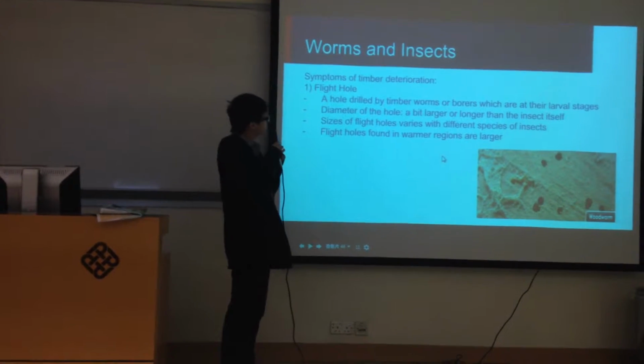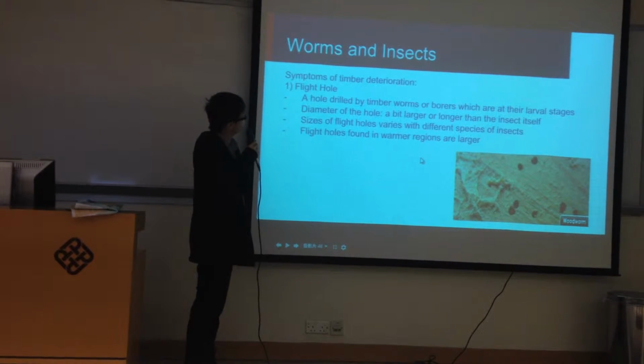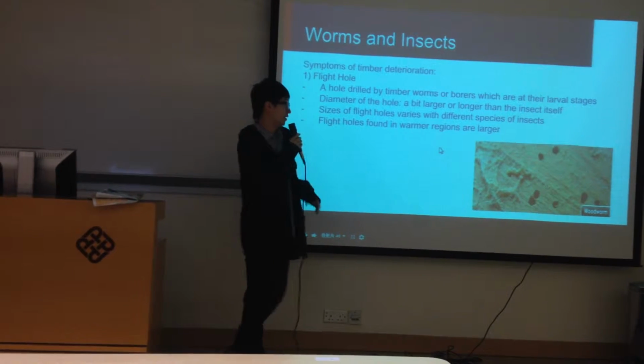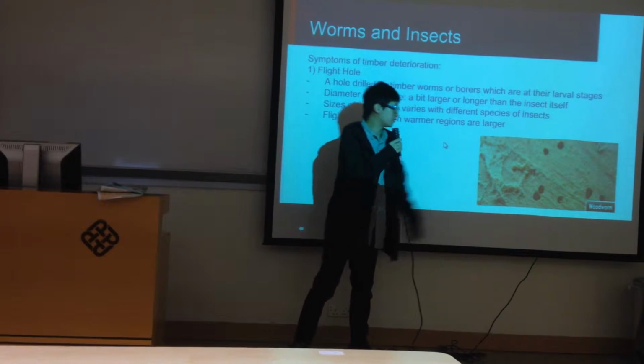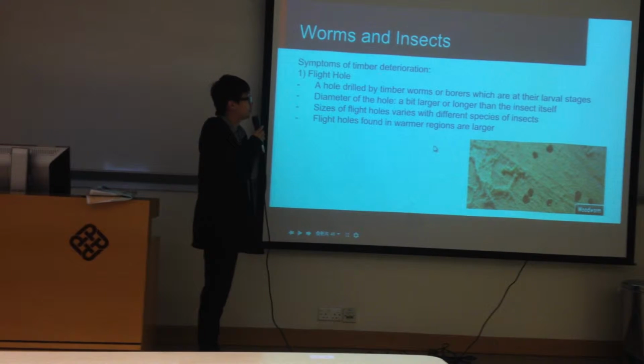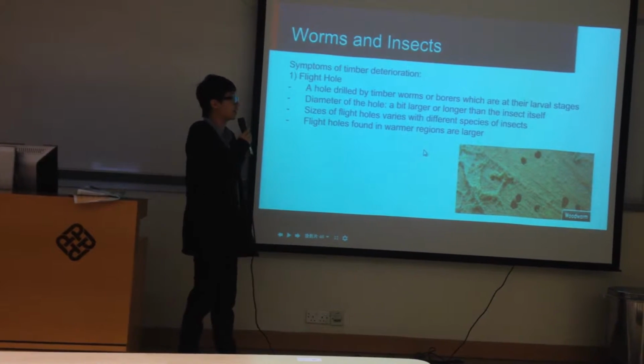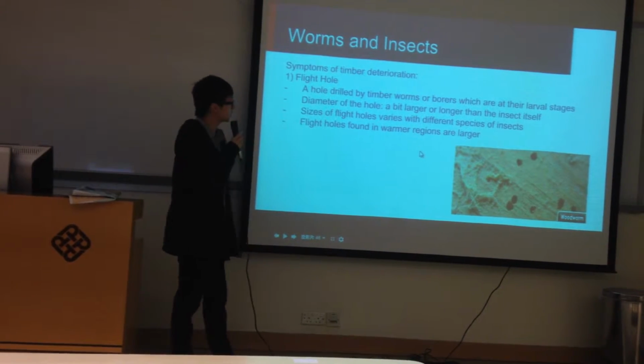I'll talk about the symptoms of timber deterioration next. The first one is the pinhole. In the photo, the black hole is the pinhole. It is a hole drilled by timber worms or borers at their larval stages, which means when they are in caterpillar stages.